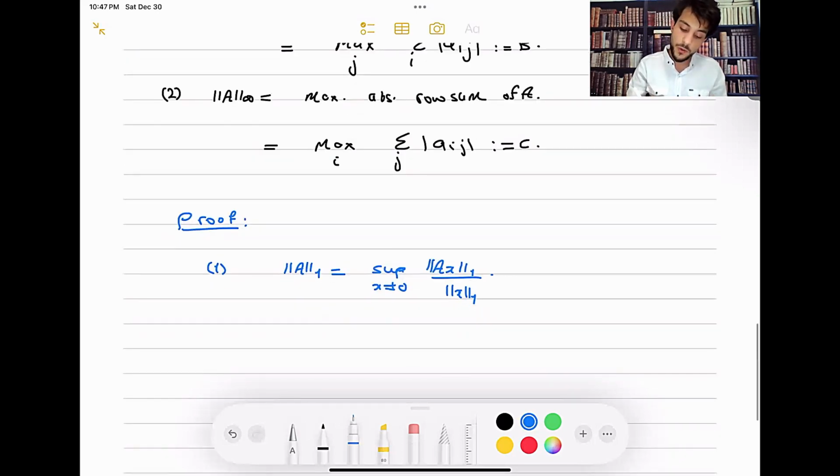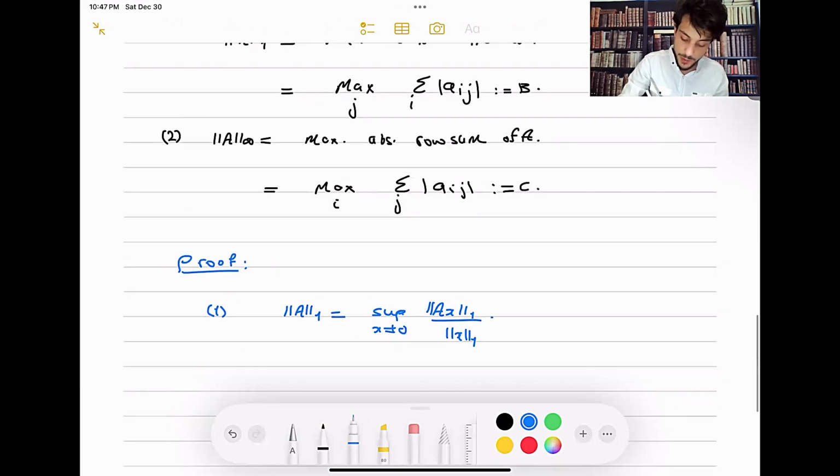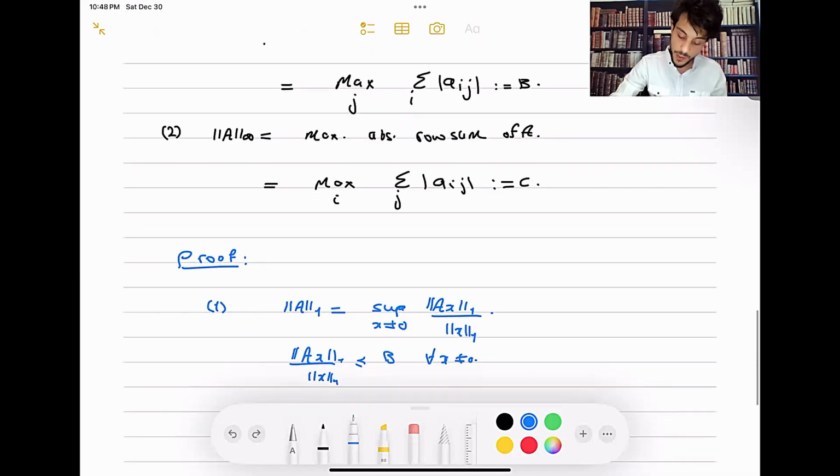Now, if you look here, we have a supremum over a huge set. So what we want to do is attempt to prove that this ratio is less than or equal to B for every x not being 0. Recall this is the B that we're talking about.